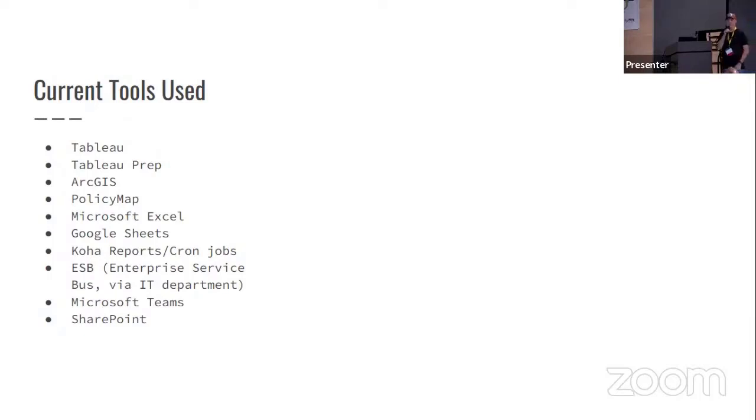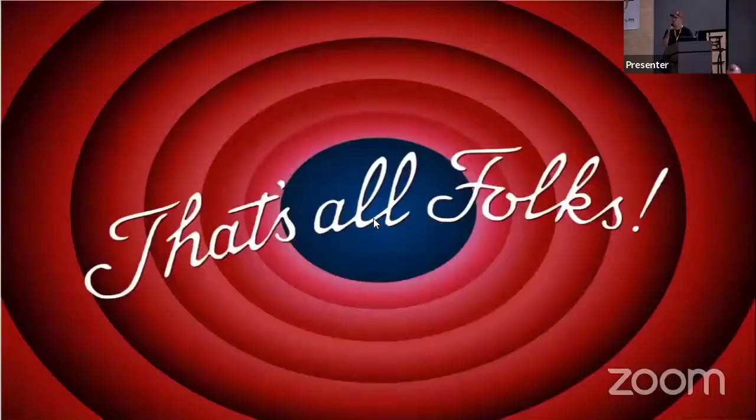We're in a unique position with our relationship with our IT department, but they do have an ESB we could use to link and connect data, pull it out, store it, and drop it in interesting places. And then we use Microsoft Teams and SharePoint because our county is a Microsoft county, for better or worse.